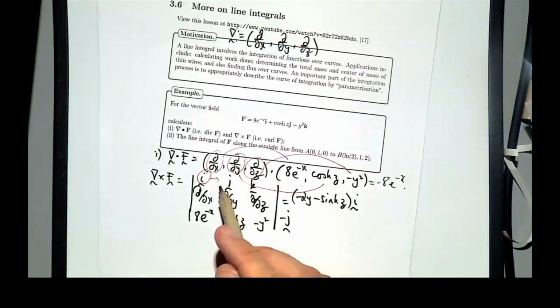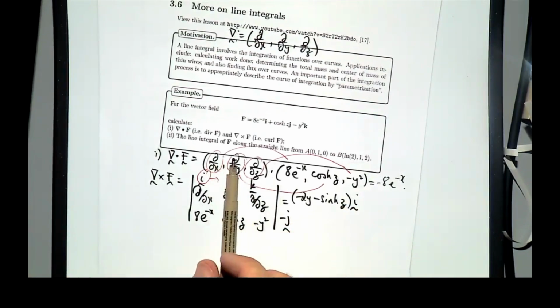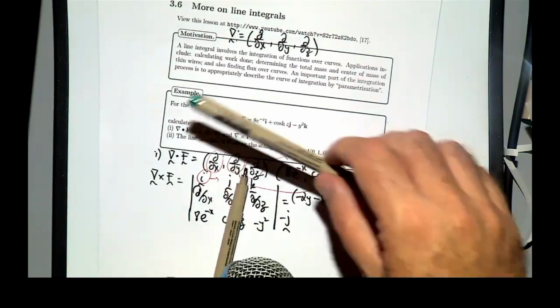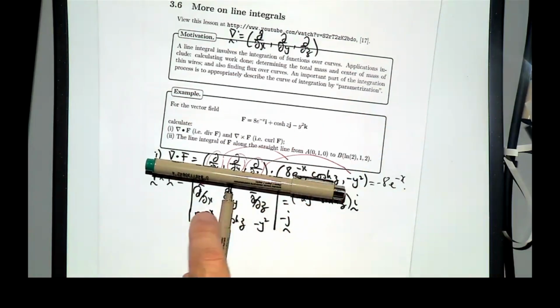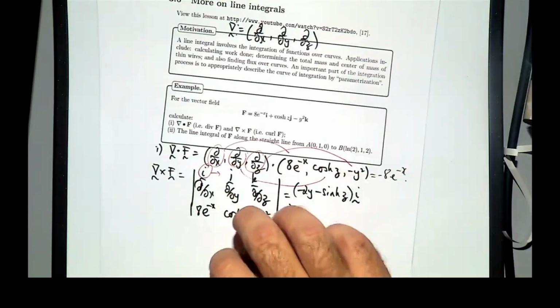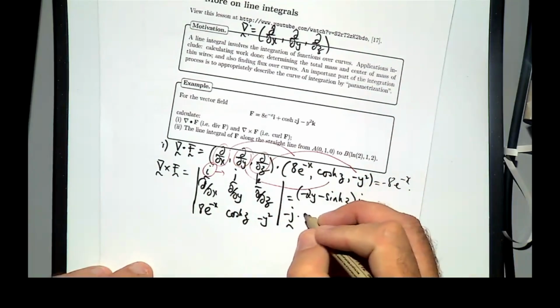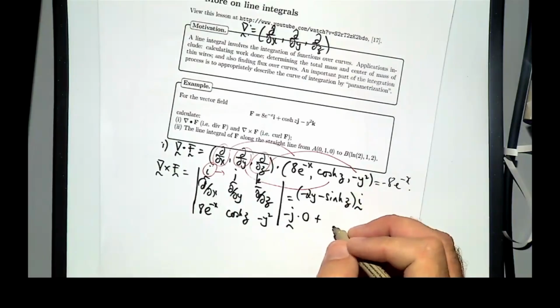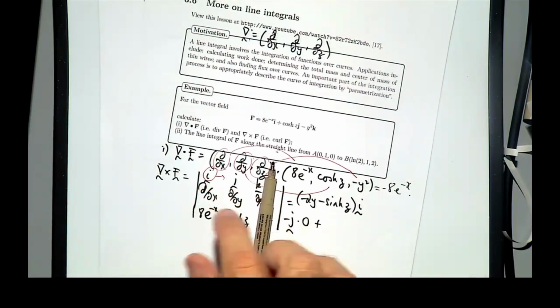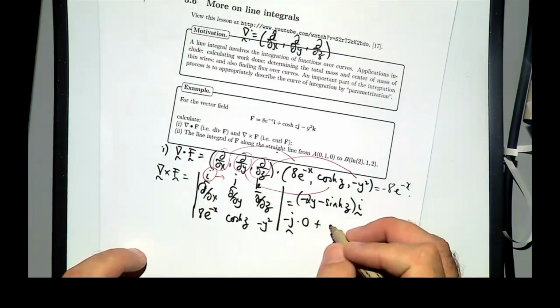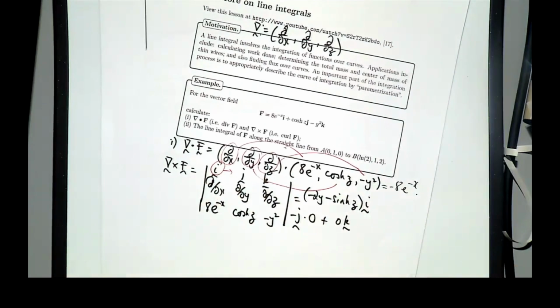Okay, move on to j, I change the sign, I do my cover-ups again. Okay, j, d dx of that minus d dz of that, well, that's going to be 0. And finally, d dx of that, d dy of that, 0. Okay?